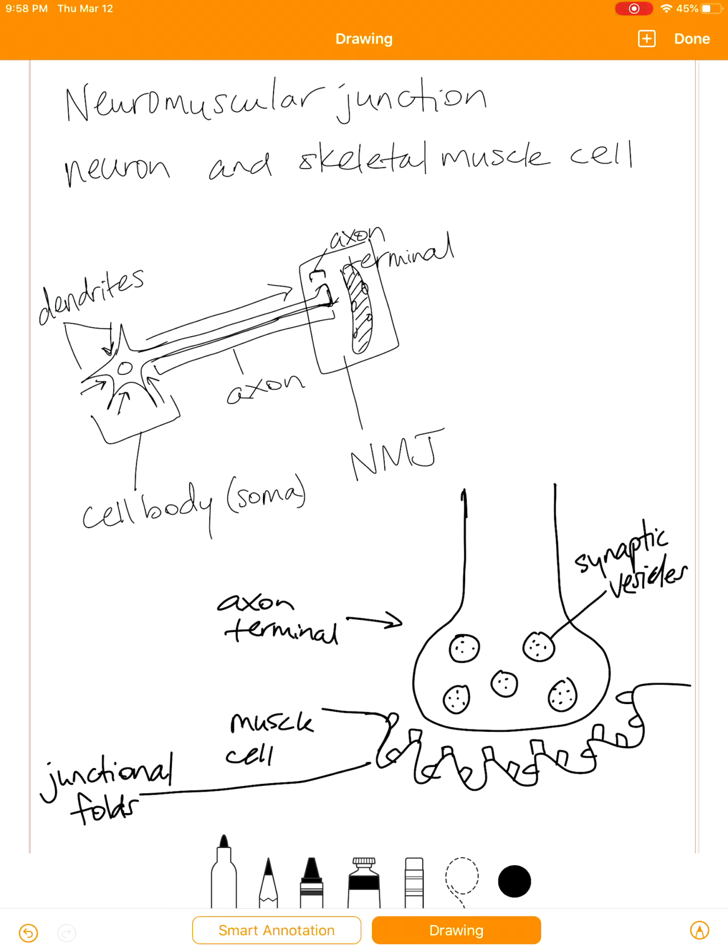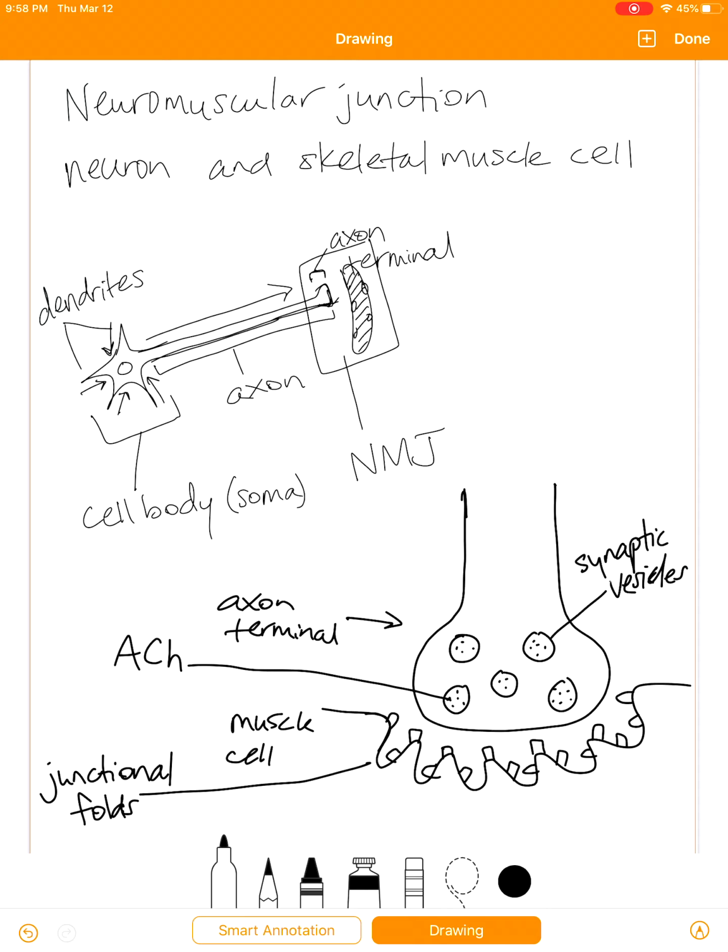Now you can have different neurotransmitters in different neurons. It's going to depend on what the neuron is, what kind of cell it's targeting, as to what type of neurotransmitter is there. Okay, but in this case, since we're targeting skeletal muscle cells specifically, the neurotransmitter is going to be a special kind called acetylcholine, or I'm just going to abbreviate it as ACH.